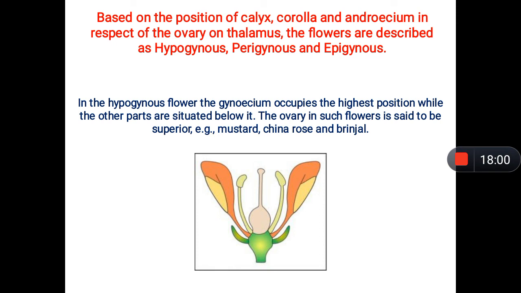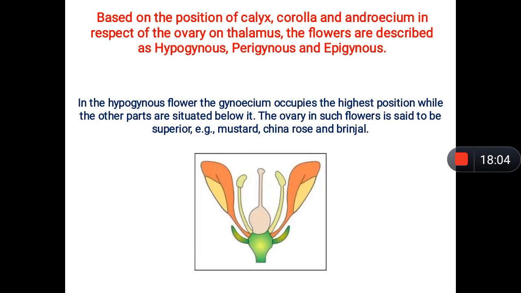That means in the picture we can see that the pinkish color gynoecium is situated above the calyx, which is green in color, above the corolla, which is colored, and above the androecium. So this flower is called a hypogynous flower.